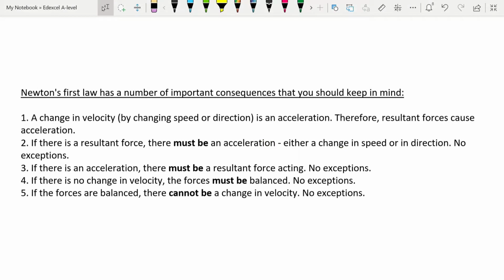And here are the consequences of this. Any change in velocity, either a change in the magnitude of the velocity, also known as speed, or a change in direction is called an acceleration. So it doesn't matter whether your direction changes or your speed changes, or both.